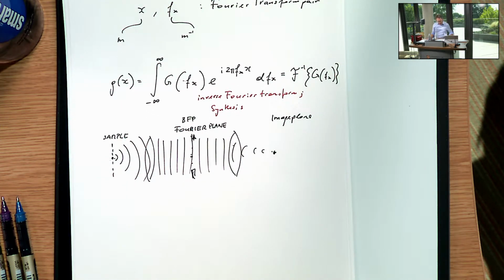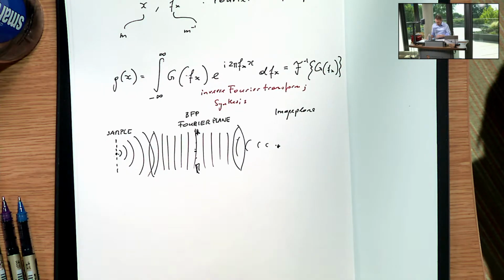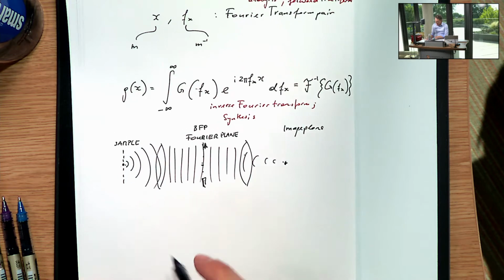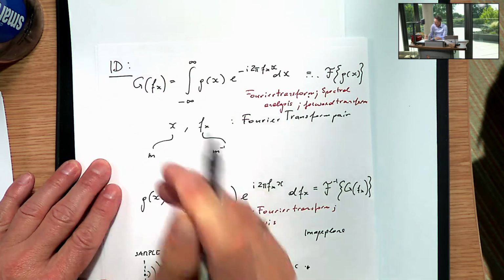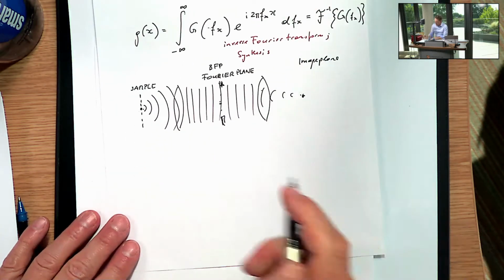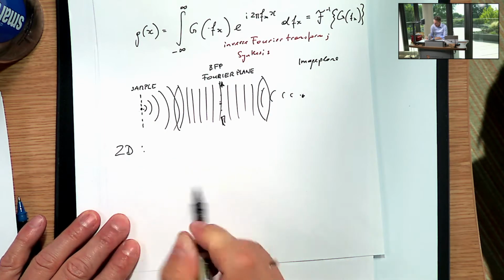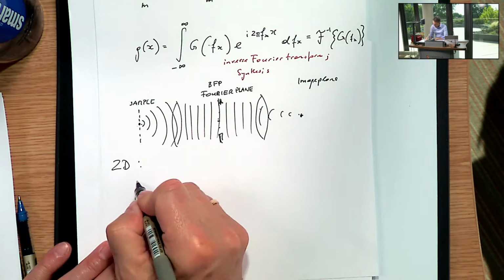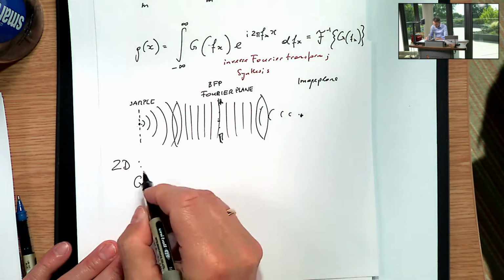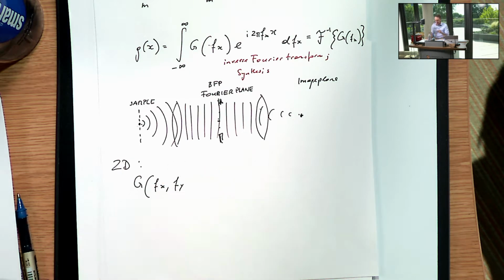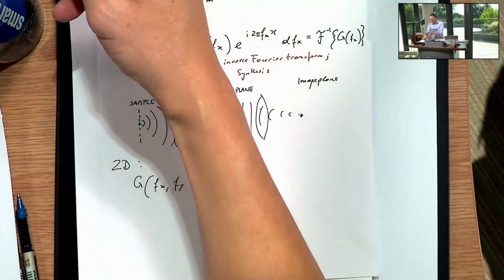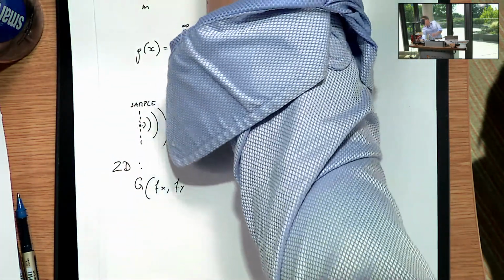So let's now go back to Fourier transforms in 2D. So this is 1D, but if I go to 2D, we can write the same thing again. If you have proper 2D apertures, we now have frequency components, not just spatial frequencies along x, but also along y. So have a look at my shirt here.